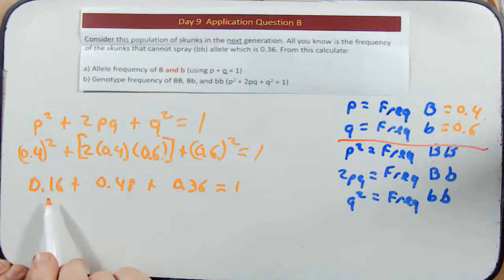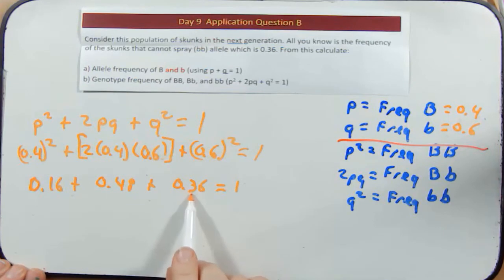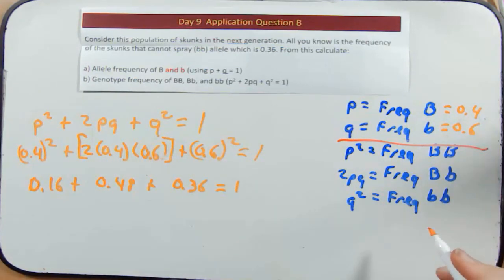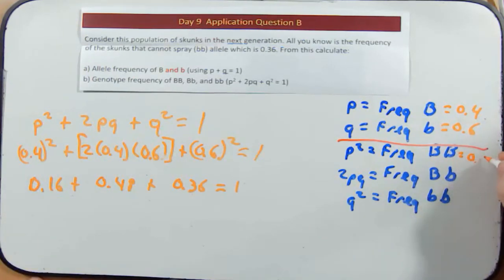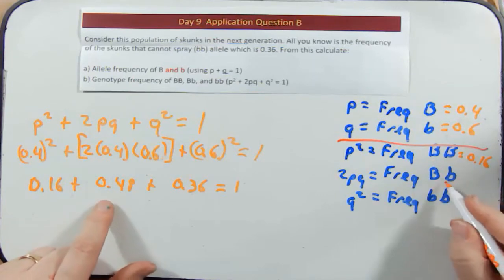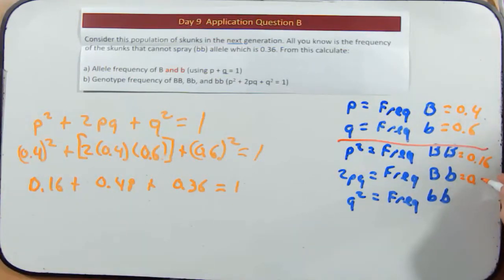So 0.16 plus 0.48 plus 0.36 needs to add up to 1, and it does. So we know our frequency of big B, big B is 0.16. So let's write that over here. And we know our frequency of big B, little b is 0.48. And we know our frequency of little b, little b is 0.36. I'm going to keep this side over here because we're going to look at these numbers for part C.